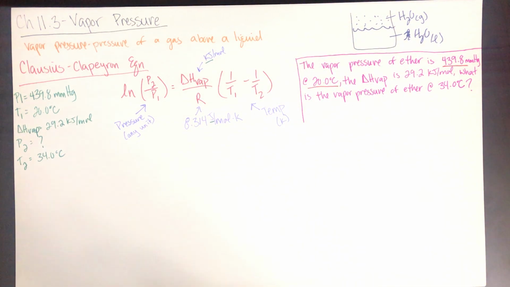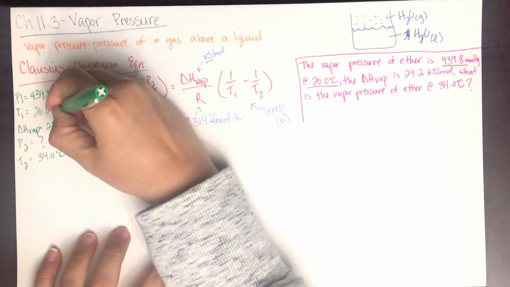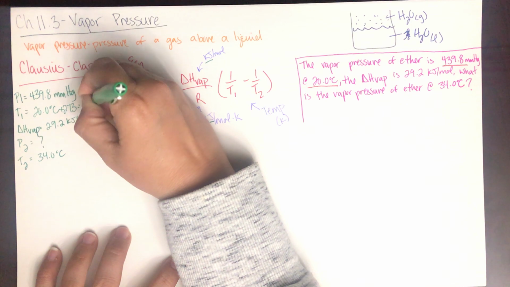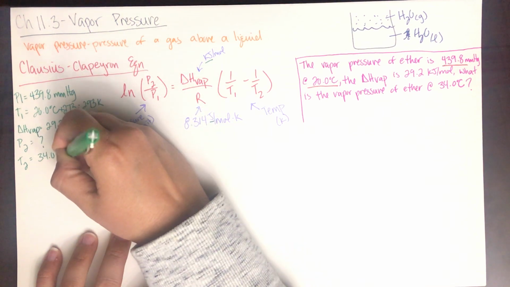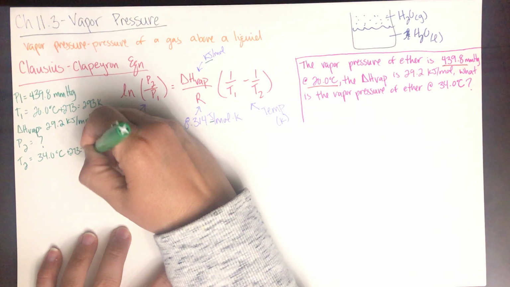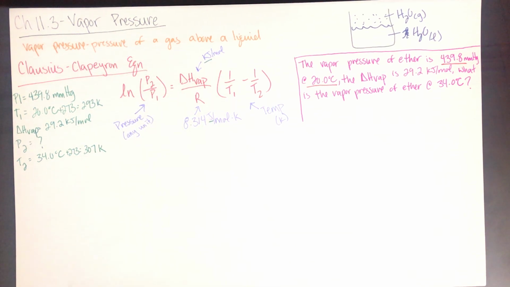Another thing that you need to pay attention to is you need to convert degrees Celsius to Kelvin. So this becomes 293 Kelvin, and this becomes 307 Kelvin.